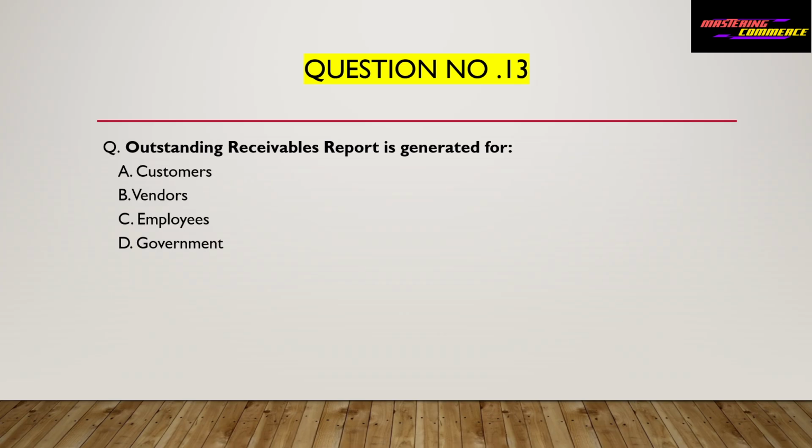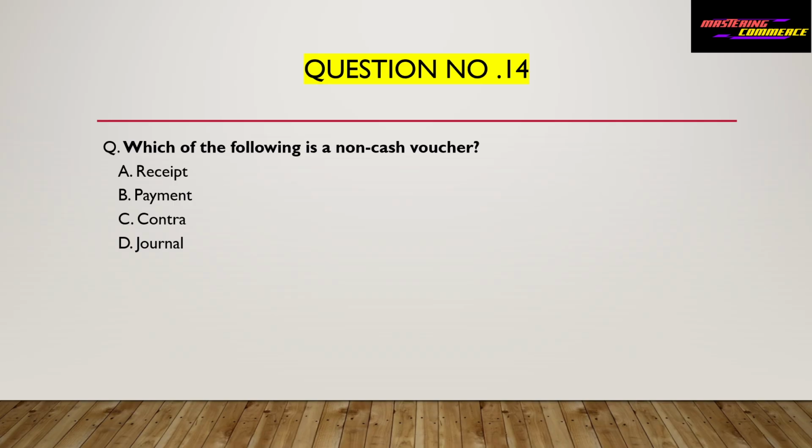Next question: the outstanding receivables report is generated for customers, vendors, employees, government. The outstanding receivables report is generated for customers. A is the correct answer. Next question: which of the following is a non-cash voucher? Receipt, payment, contra, journal.